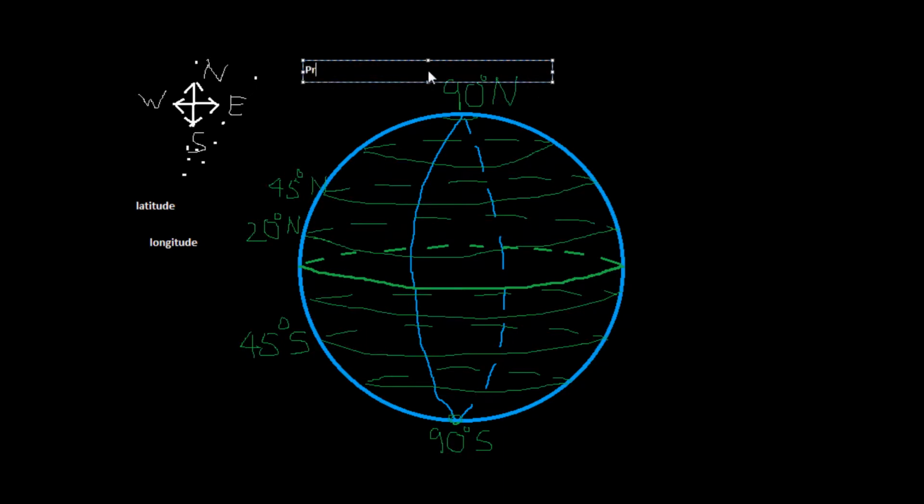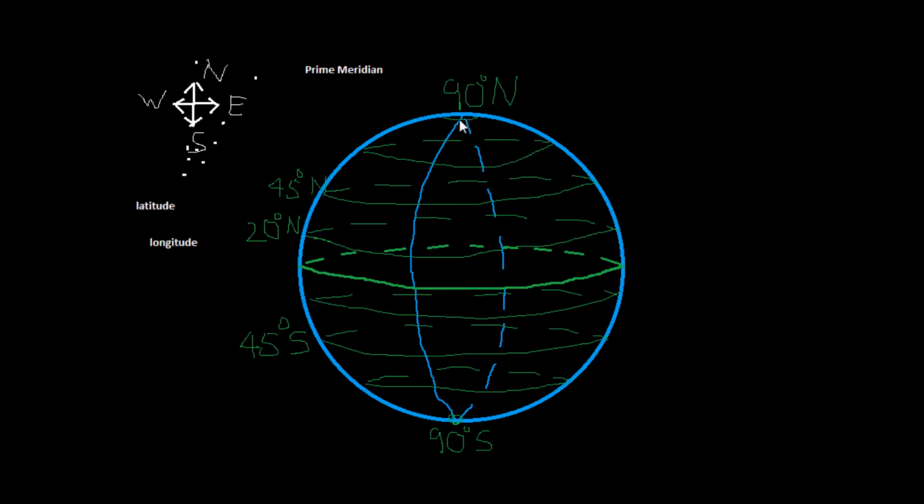The prime meridian is an imaginary line that passes through an observatory near London, England, called Greenwich, and then it goes all the way north to the North Pole, and all the way south to the South Pole, crossing, for example, through France and Spain and some countries in Africa.